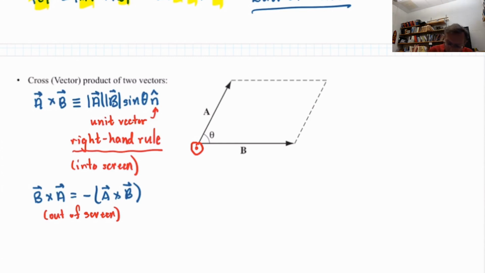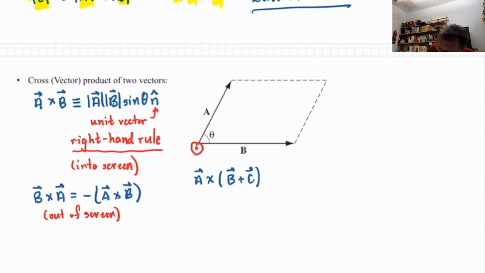One thing that is helpful and is the same as in the dot product is that the vector product is distributive. So in other words, if I have, back to blue here, A crossed into a parenthetic expression, let's say B plus C, then I can distribute the cross operation through the parentheses.